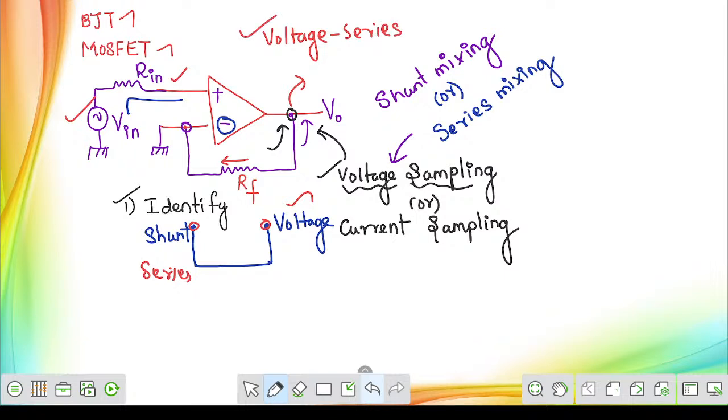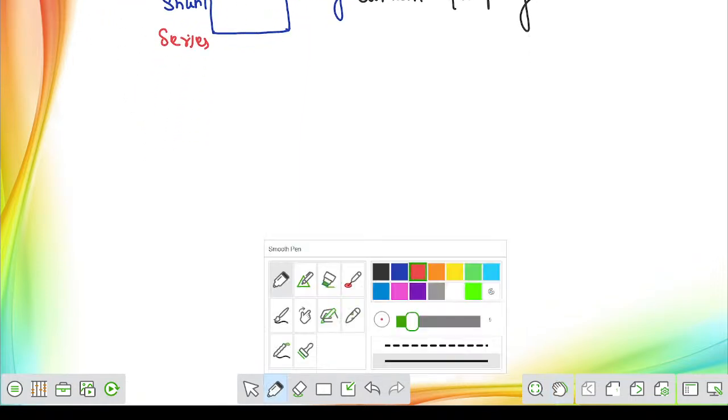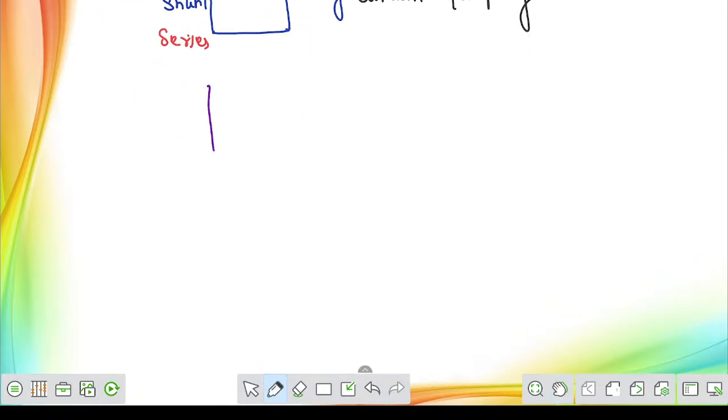Understand, sir? This is how we are identifying whether the given topology is voltage series, voltage shunt, whatever. So let us take one more example for a better understanding. Let us assume we have once again an op amp. It is given that supply voltage is given.